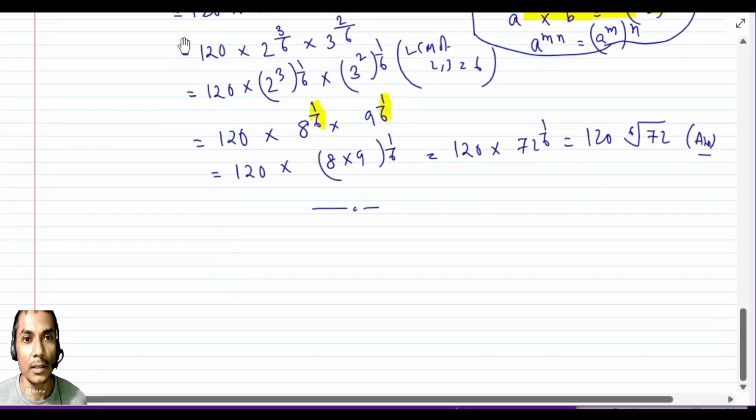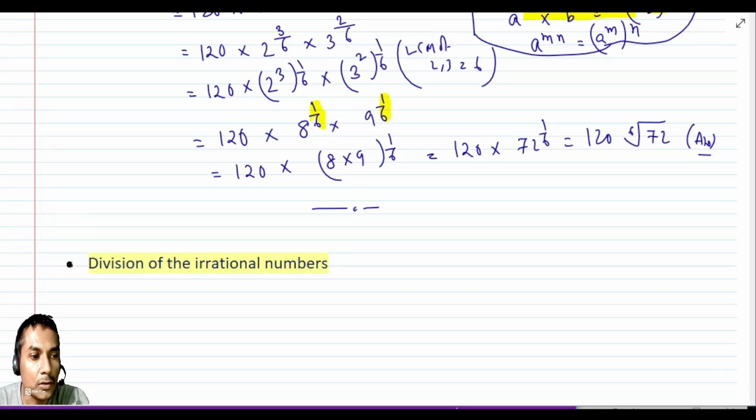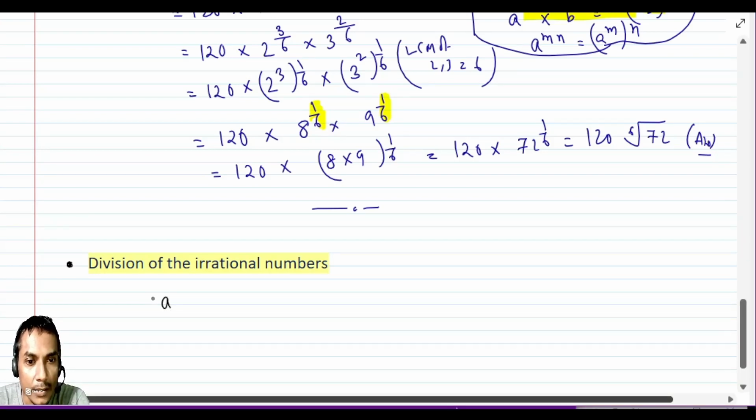Next we learn the division. For the division also the same rule is applicable, that is if the order is the same, okay, if the order is the same of this irrational number, that is here n, so you can write it as the n-th root of a by b.